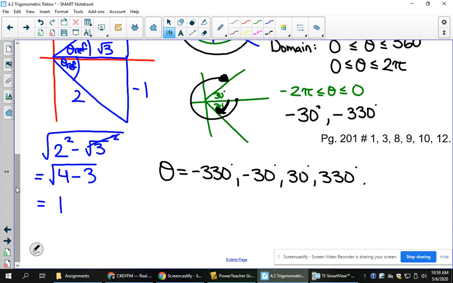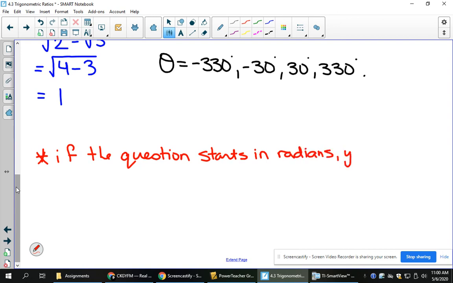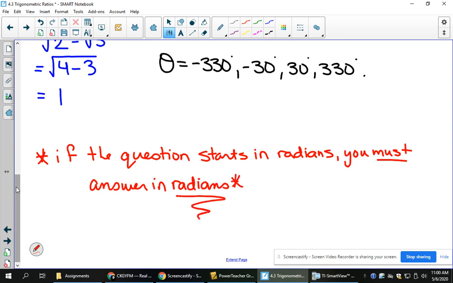However, write this, highlight this, make this big. If the question starts in radians, you must answer it in radians.